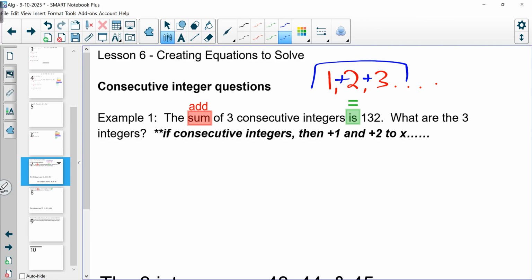That means they're supposed to add up and equal 132, not 6. So my 3 integers are not 1, 2, and 3. But is this 1, 2, 3 a great example of 3 consecutive integers sitting back to back? Yeah. And I'm going to say this one more time. Can our integers be a negative whole number? Yes, they really, really can.